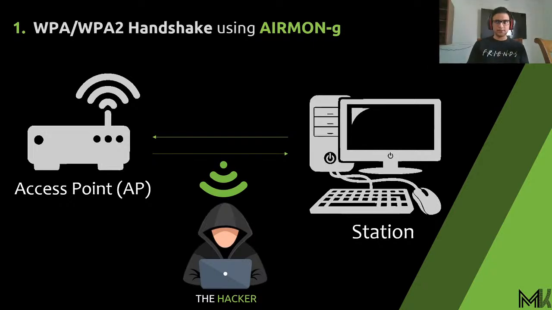When you get kicked out, the first thing your phone would do is try to reconnect, because your password is already saved on your phone. So when you're trying to reconnect is when the hacker would come in and listen to the handshake process, and neither the station nor the access point would actually know that there's a hacker passively listening to this.